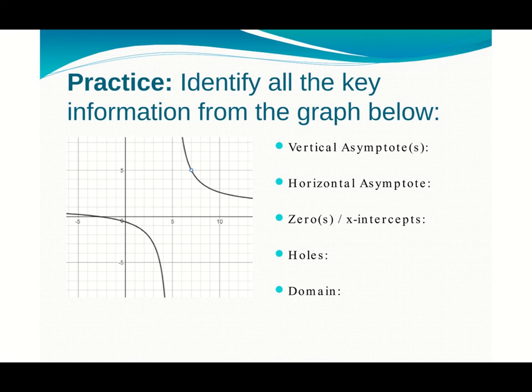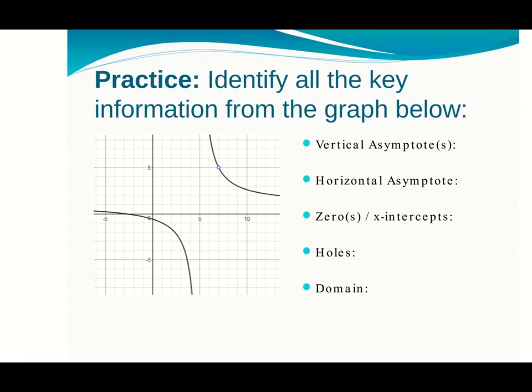So hopefully you have gone through and you found the vertical asymptote, the horizontal asymptote, the 0, the hole, and what the domain is of this function. So our vertical asymptote of this function is going to be x equals 5, because that's where both of these graphs are approaching.